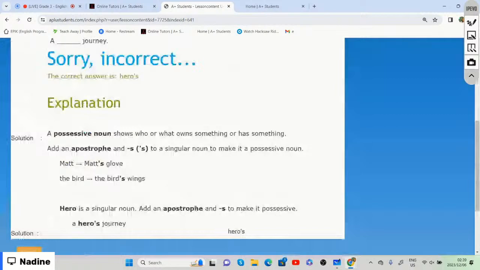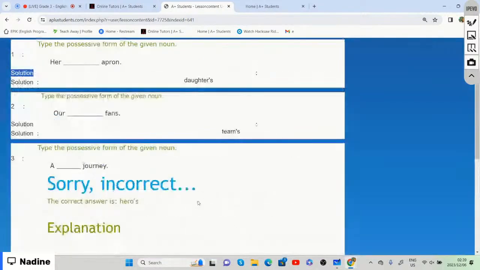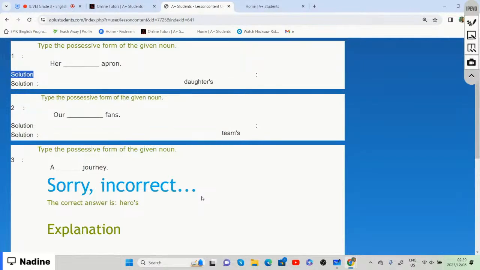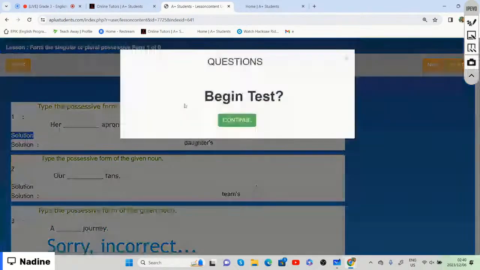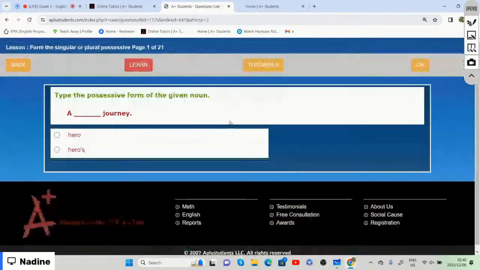Which means that yes, we put the apostrophe and the S also, because we are referring to one hero, right? We're not referring to more than one hero. So we're only referring to one hero. So we can say it is a hero's journey.